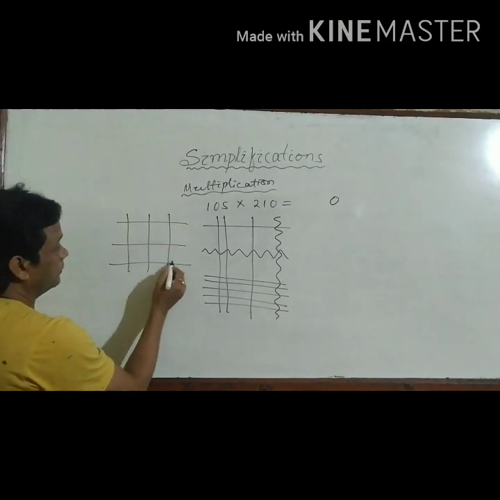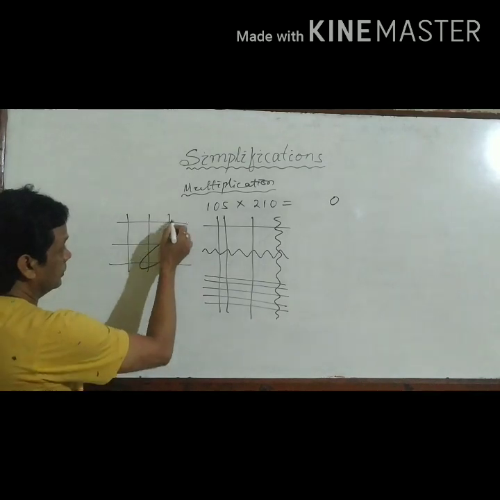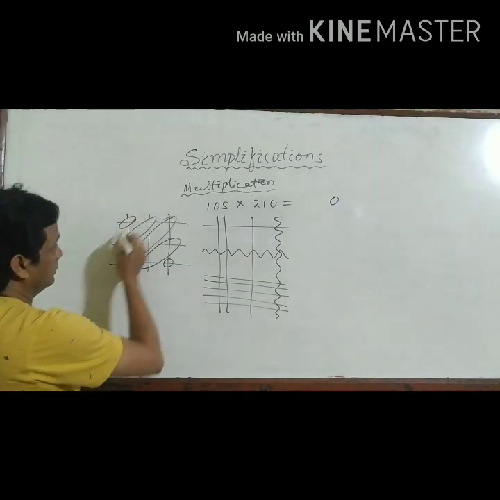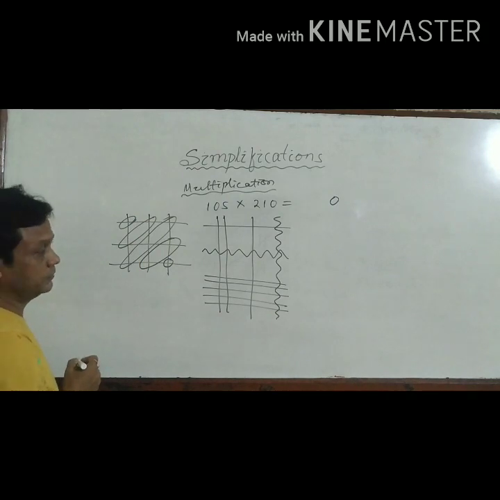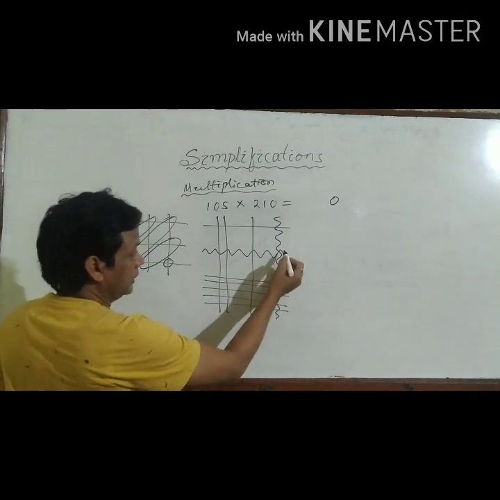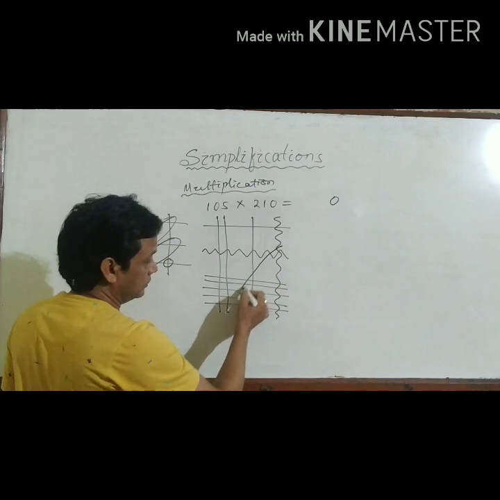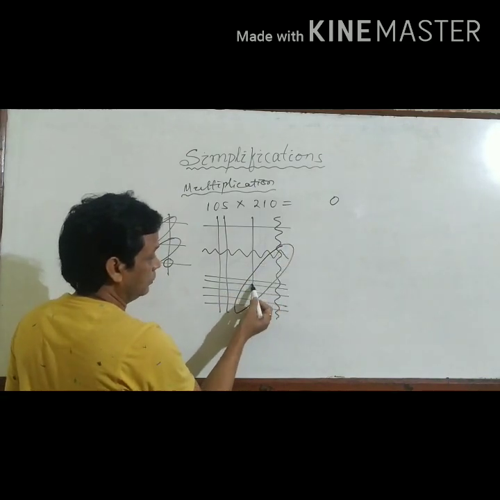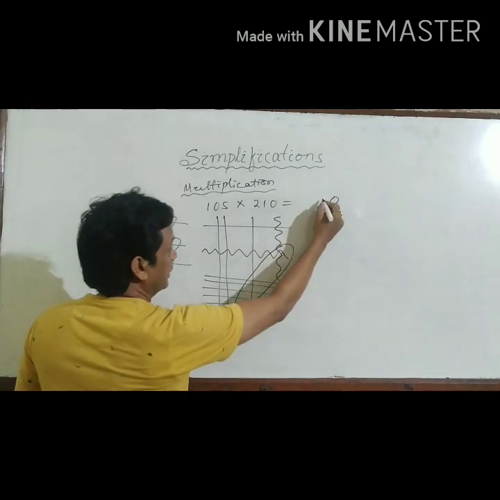First calculate this one, then these two, then these 3, then these 2, then this one. Diagonally you have to write. Here there is no point of intersection between two lines. Here 1, 2, 3, 4, 5. So the answer is 5 here.